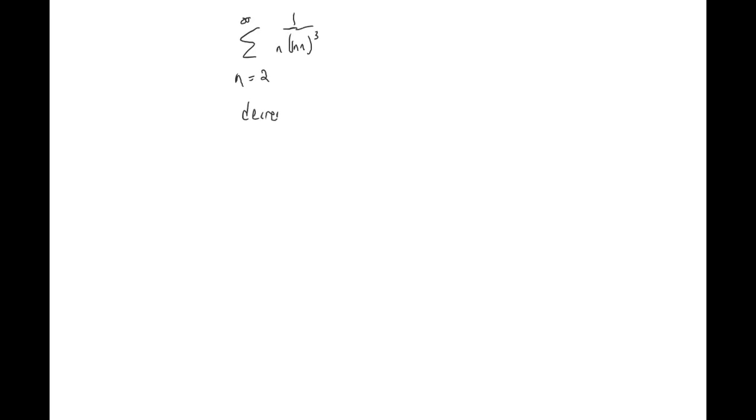In this case it's easy to check, because f of x is 1 over x ln x. Both of these functions are increasing, so when you take 1 over it, it's going to be decreasing. And it's certainly positive, so we could use the integral test. All this stuff holds.